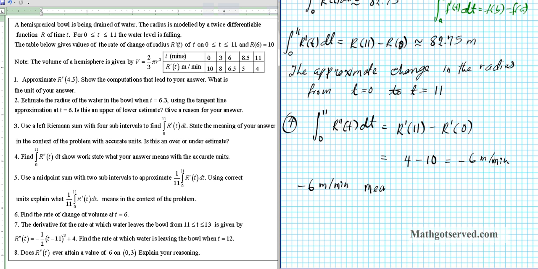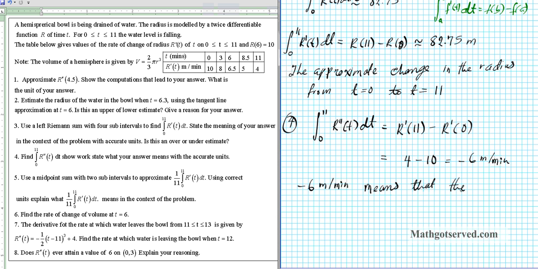It means that the change. Change of what? What are we calculating the change of? The change in the rate of change of the radius, r prime of 11 minus r prime of 0. So we're calculating the change in the rate of change.